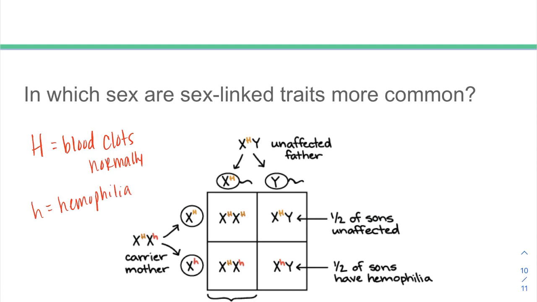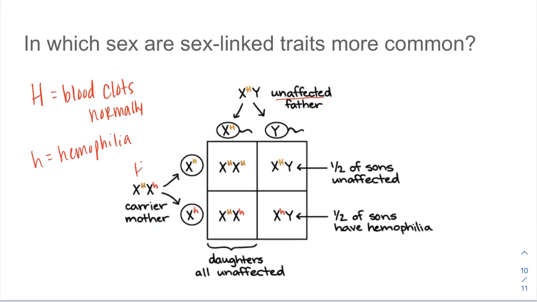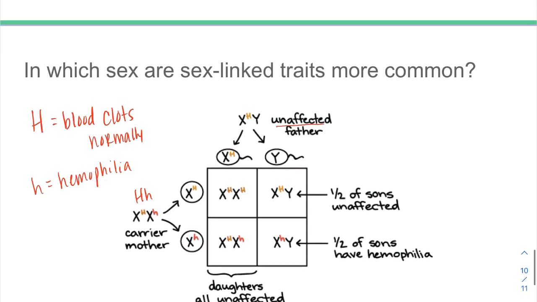Okay, so if we take a look, here's a father. So we have an XY, and he has on his X chromosome a normal blood clot. So that means that he doesn't have hemophilia. He has normal blood. He's unaffected. We're going to cross that with a mother who is a carrier. And remember, because she's big H, little h, she's going to show the dominant trait, which is that the blood is clotting normally. So she might not even know that she's a carrier here.